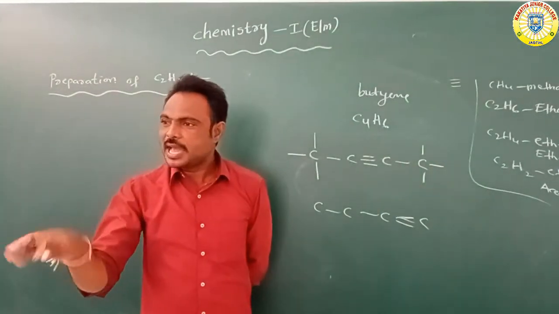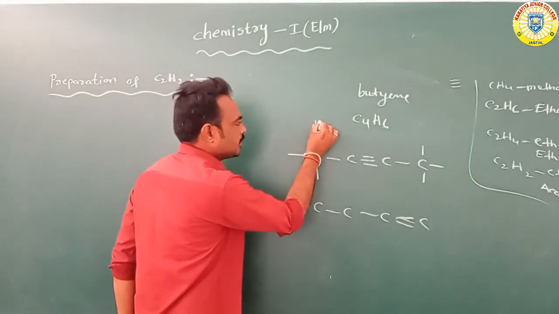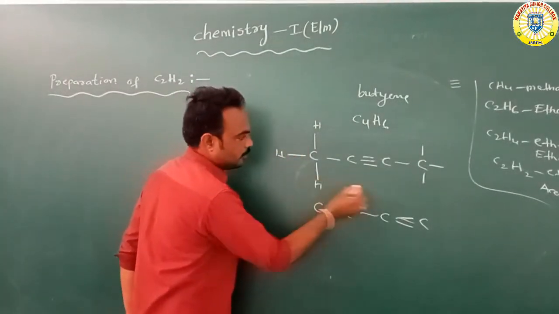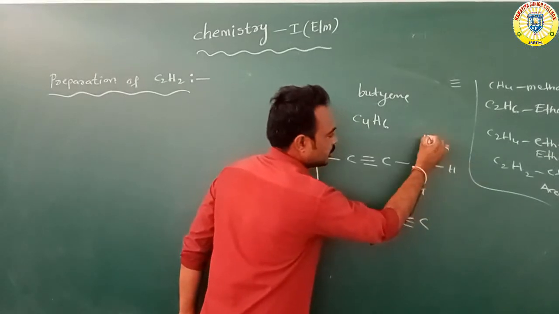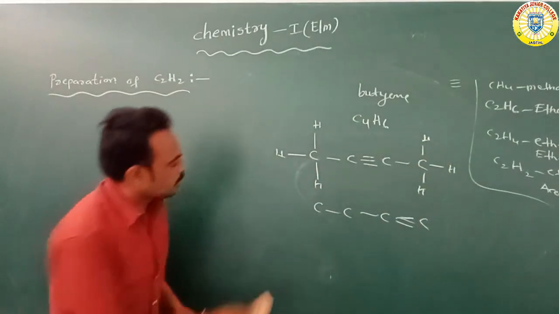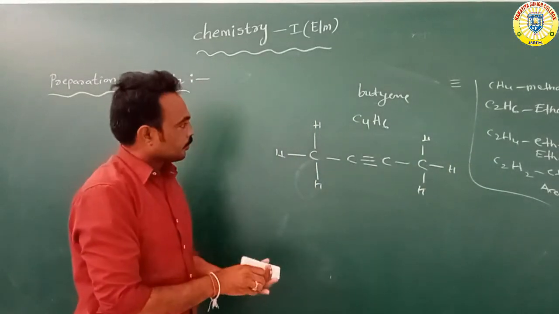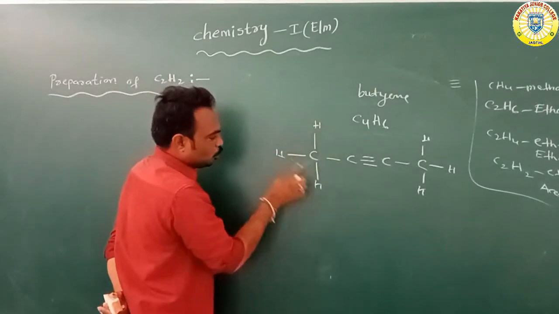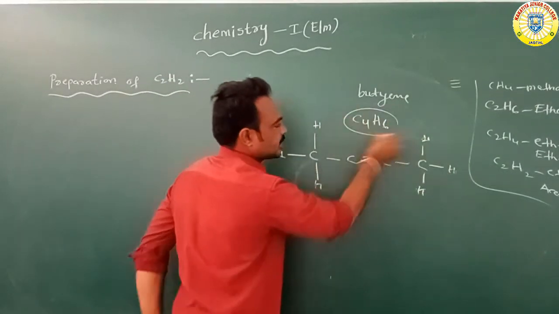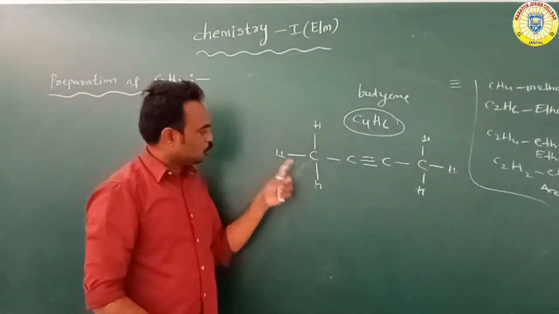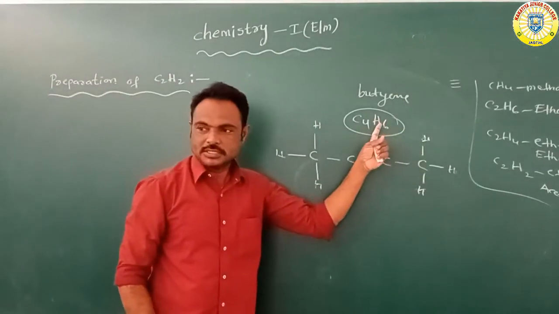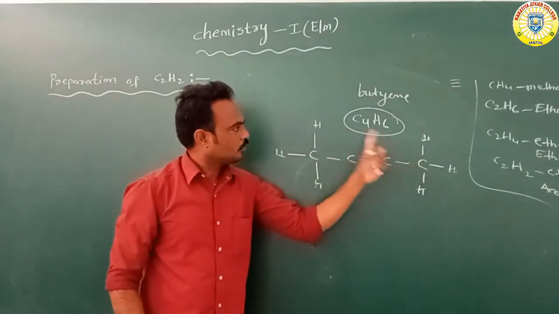So we arrange the hydrogens. Listen. H, H, H, H, H, H. Overall, 1, 2, 3, 4, 5, 6, so 6 hydrogens and 4 carbons, C4H6.